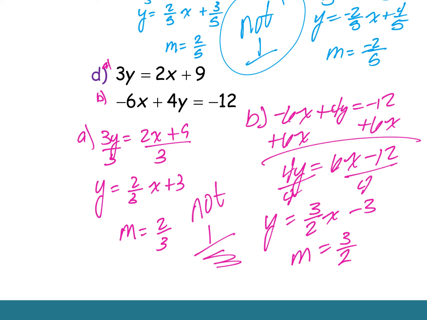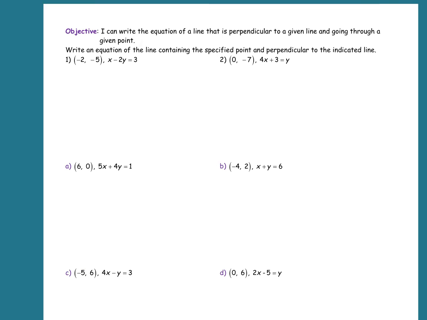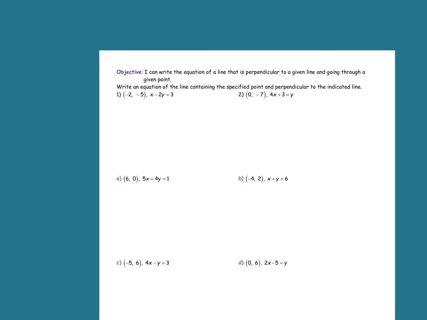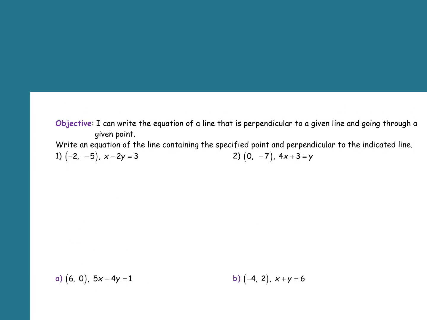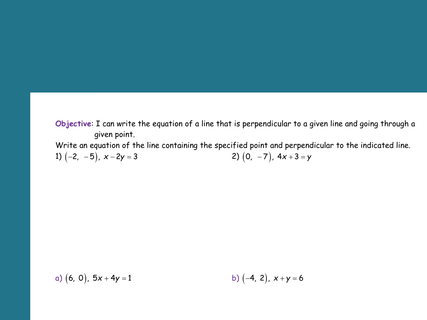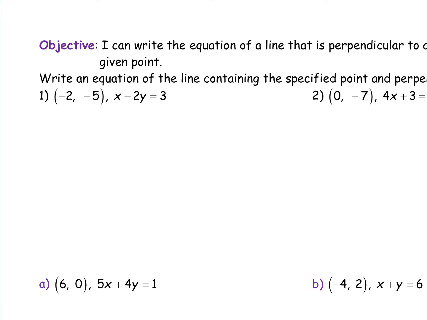I know, right? Okay. So then the last thing we're going to do, just like what we did on the other page, is write the equation of a line that contains the point and is perpendicular to the line. So I need to find the slope of the line first.